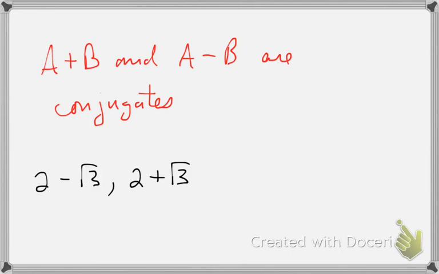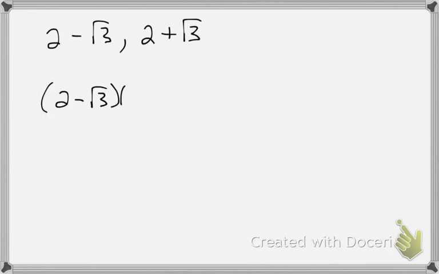Those would be conjugates. So you just change the sign. A plus B and A minus B are conjugates. Why? Because what happens when I multiply these two together? I'll get 4 minus 3, which is a nice number.